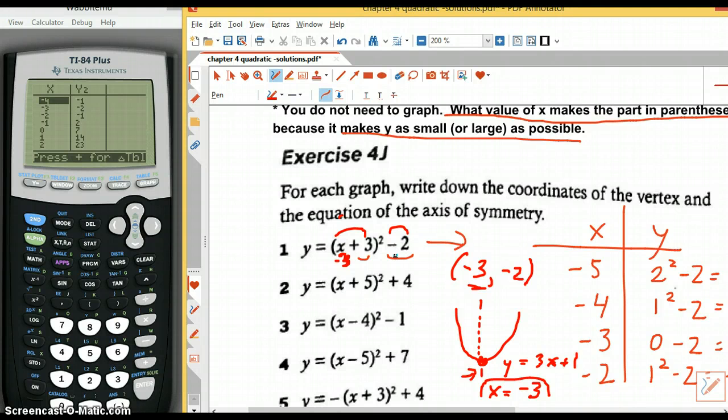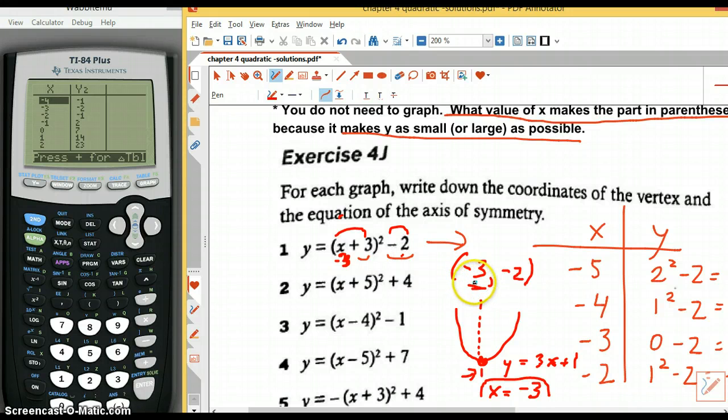If you're pretty good at memorizing equation formats, then you could say, this format with parentheses x plus something, parentheses squared minus something, automatically gives you the vertex. So how do you get the vertex? You look at the first number and the second number, and what is it about them that's related to the vertex we already calculated?